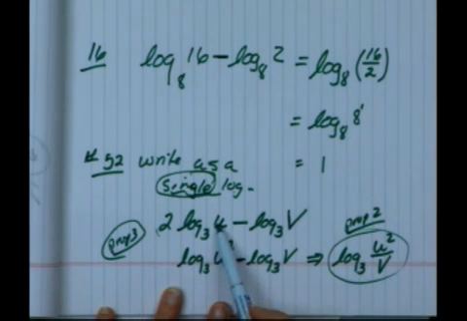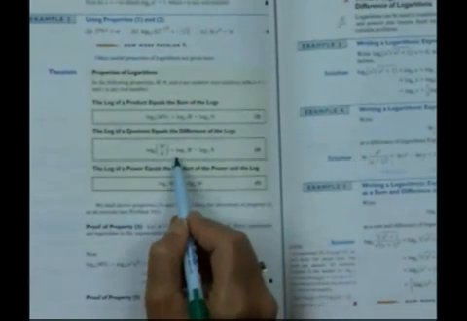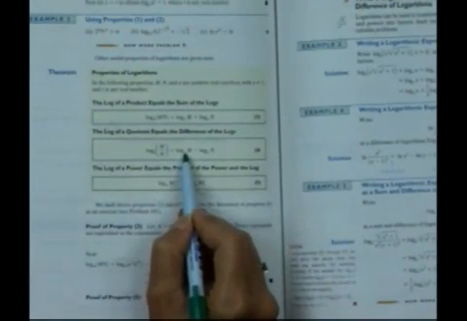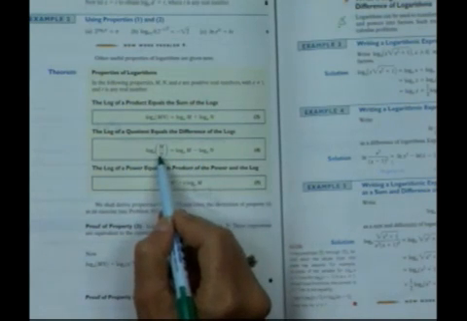Can you go directly from step 1 to step 3? No, because his question was, why couldn't you skip that middle step? The reason is that when you go back to your properties, it is 1 times the log of a to the m minus 1 times the log of a to the n to get to here.